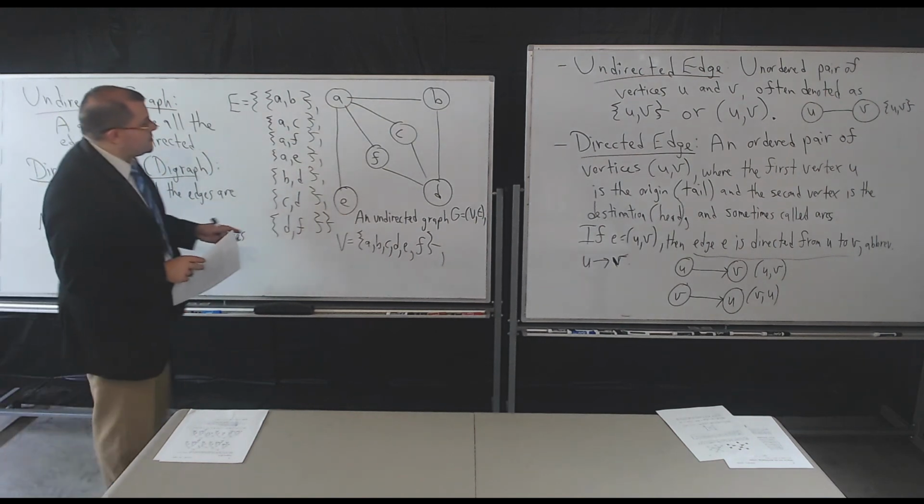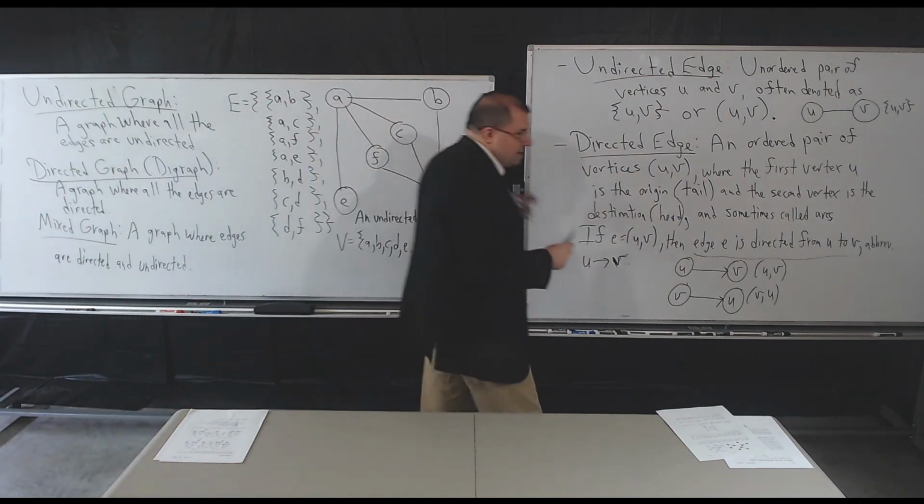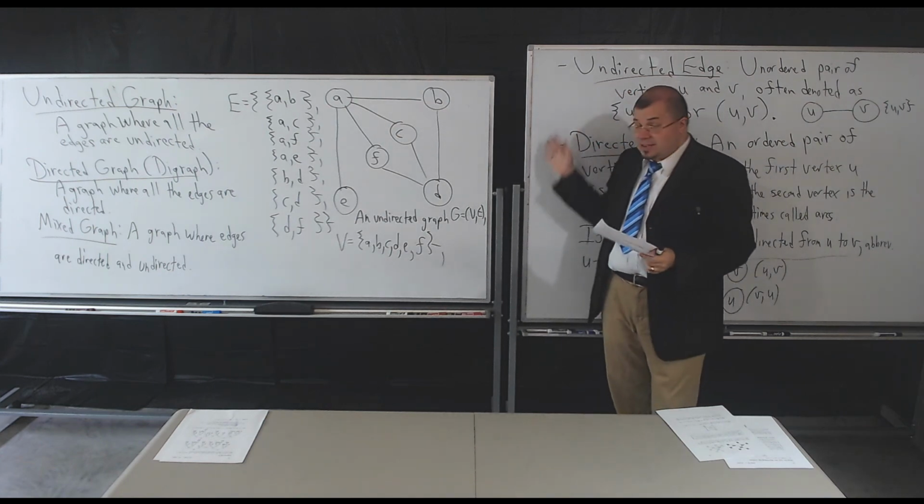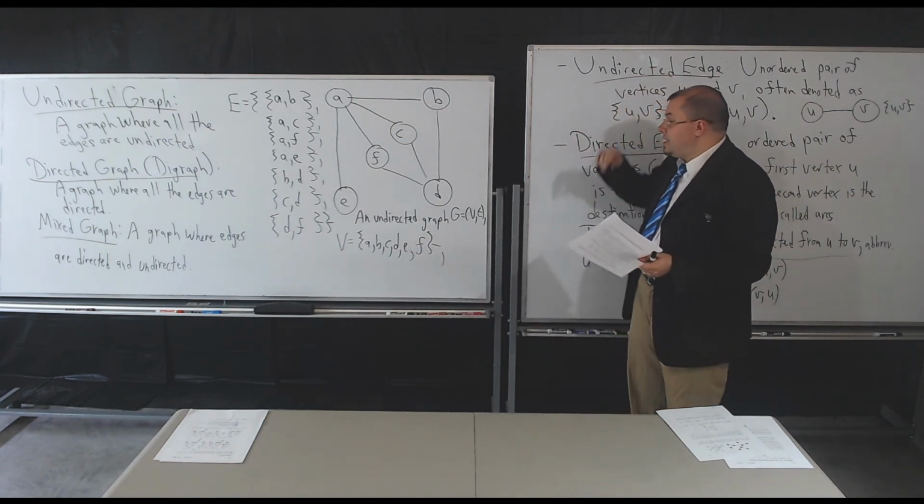That means the graph might consist of some directed edges, and it also might consist of some edges that are undirected, and they may have a special meaning.